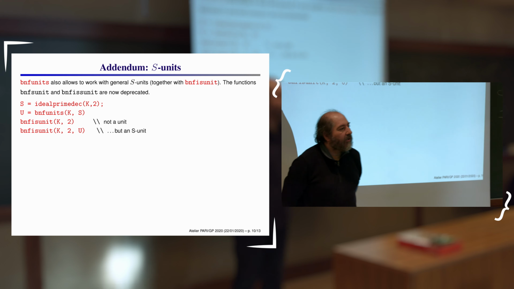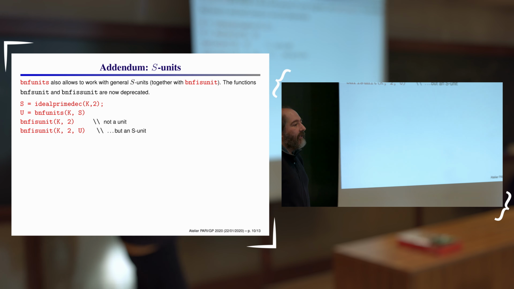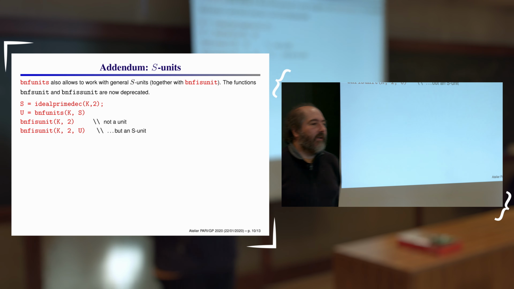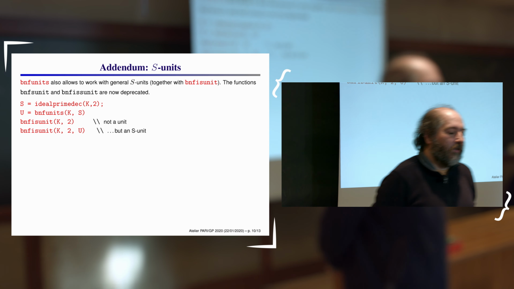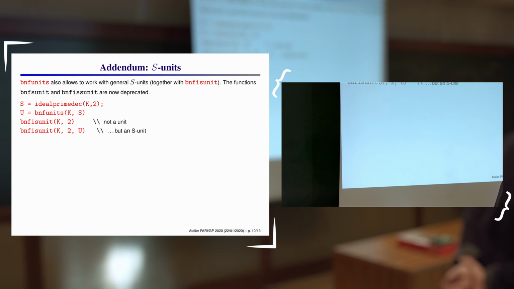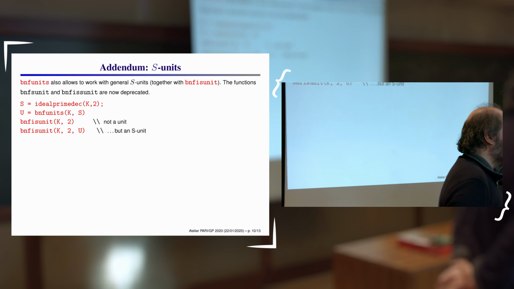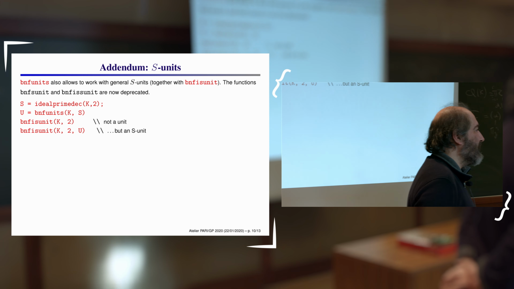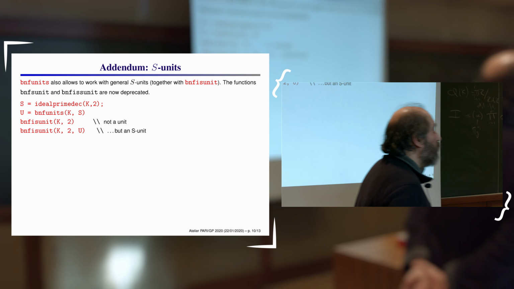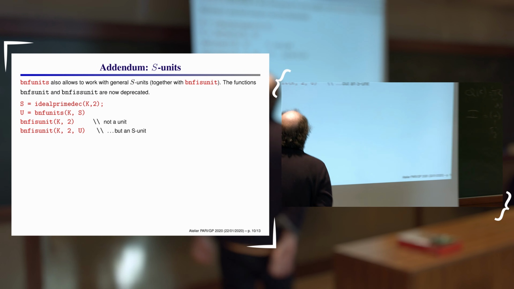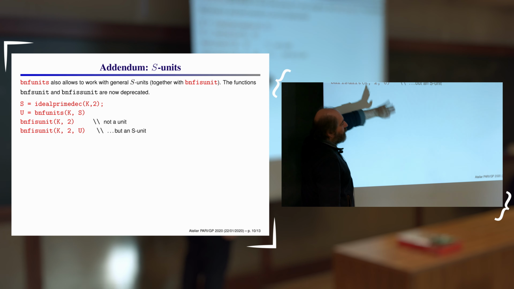Makes no difference. In fact, U itself is just a device, in this case, to access the fundamental units themselves in expanded form, because there was no function in PARI that allowed you to access that. But if you only want units, you can just do everything.